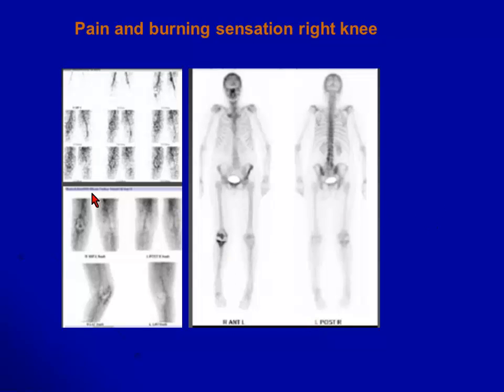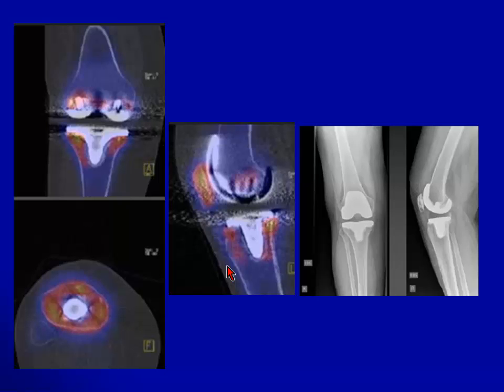So again, now you've got a planar image, you've got a three-phase bone scan, and you're looking at increased blood flow and increase in the delayed images. So this is a typical example of, any volunteers?